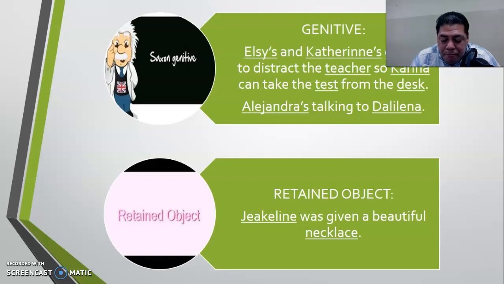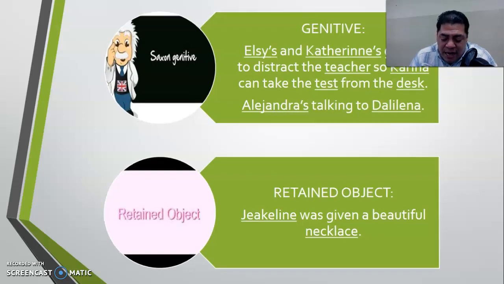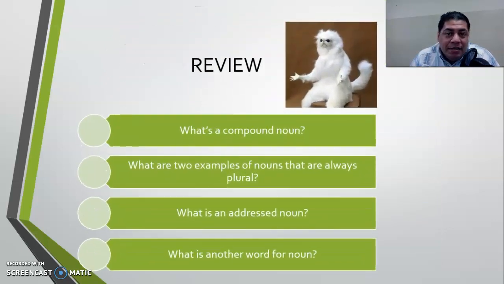One more slide that I have here is a review slide. Yes, it asks you some questions. What is a compound noun? What are two examples of nouns that are always plural? And what is an addressed noun? And what is another word for noun?